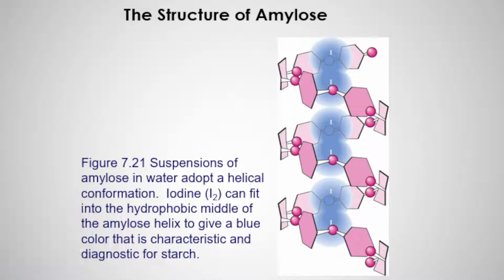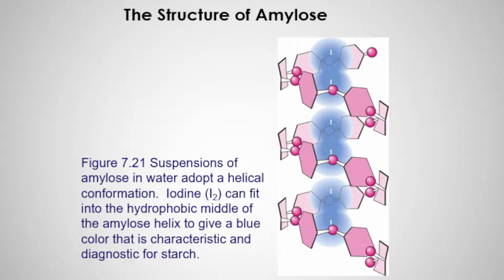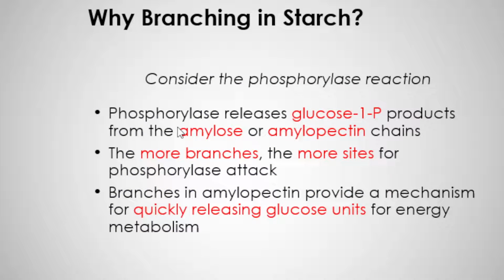And this is important because one thing that we're going to learn in the lab is to test whether something has starch or not. And for this, we use iodine. And if something has starch, it turns blue. If it doesn't, it stays brown, because iodine is usually brown. All right.